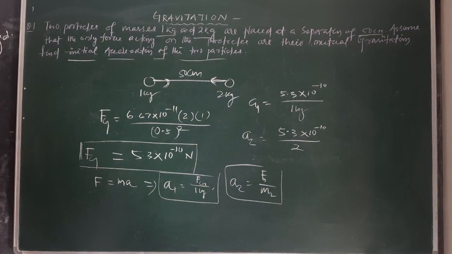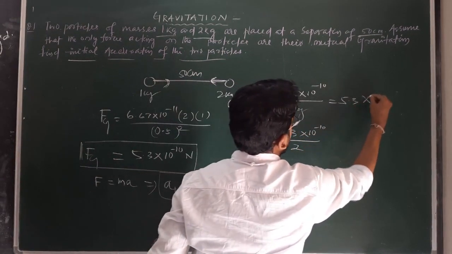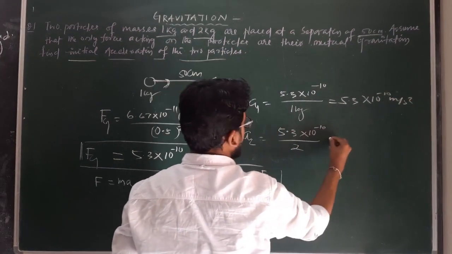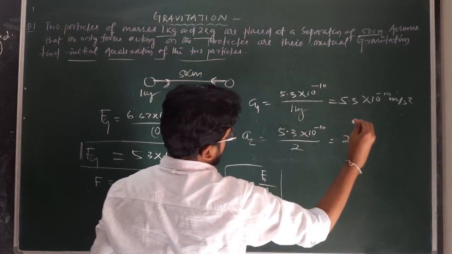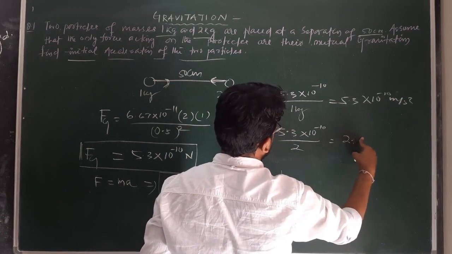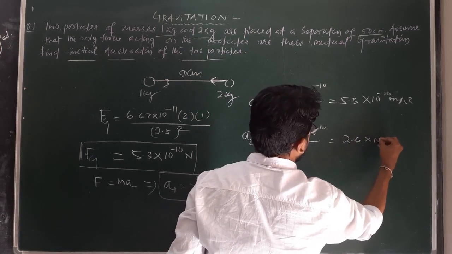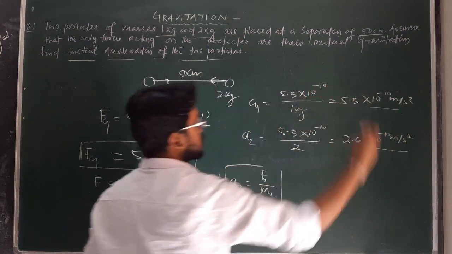So by solving this, a1 is 5.3 into 10 to the minus 10 meter per second square, and a2 is nearly 2.6 into 10 to the minus 10 meter per second square. This is the required result for this question.